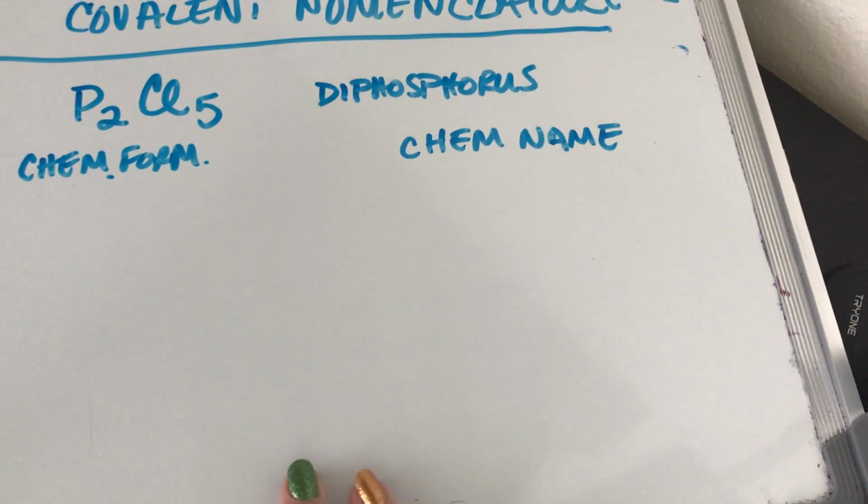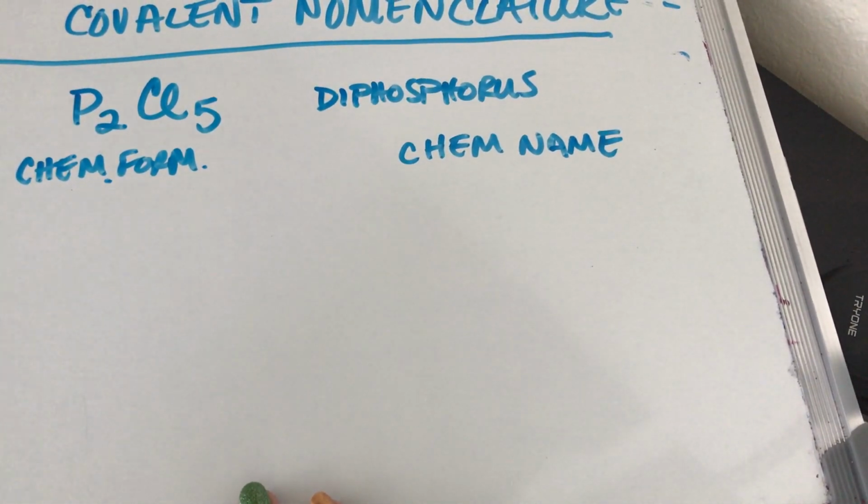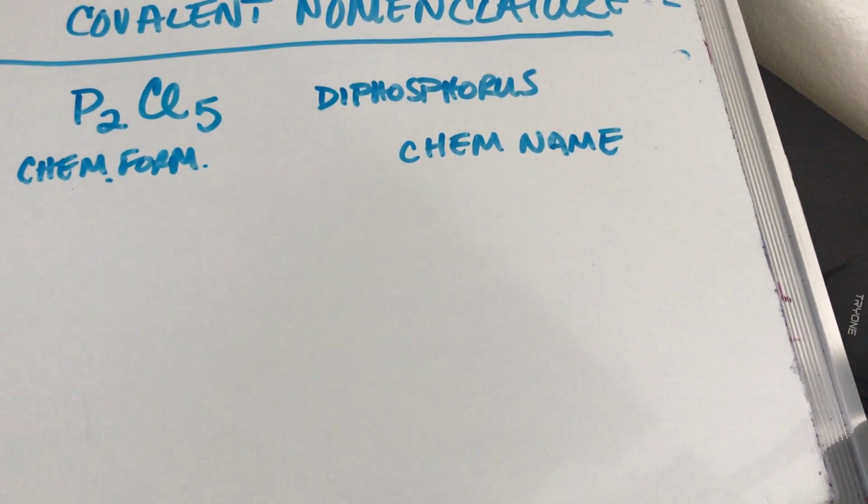And the second one is chlorine, so it's pentachloride. Chloride would be the second one, right? So we use, again, the anionic form only for the second guy. Why? I have no idea. Don't ask me.